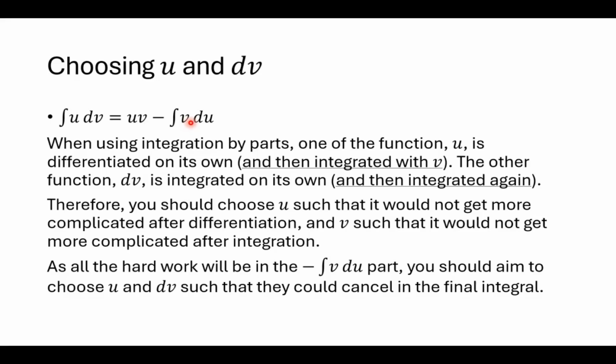So it will be better if this thing is not very complicated. If you are lucky, v and du somehow cancel in this part, then the work is very easy for you, because this is basically all the hard work.